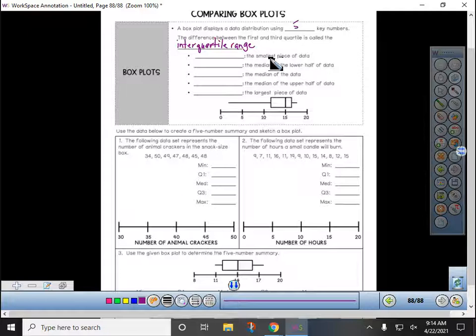Interquartile range. Is that relevant to what we're doing right here? No. Also known as the IQR. It is the size of the box in your box and whisker plot. You can write all that down.